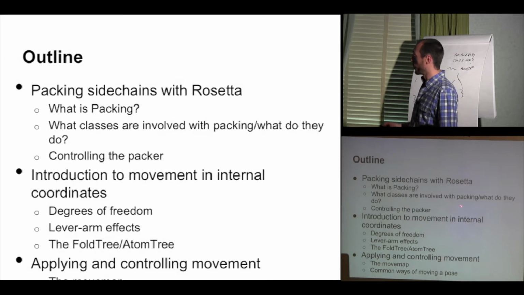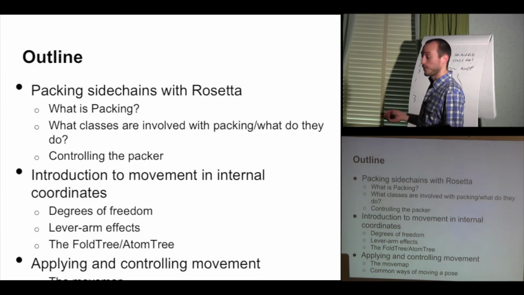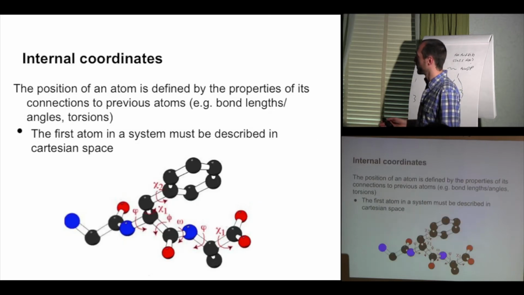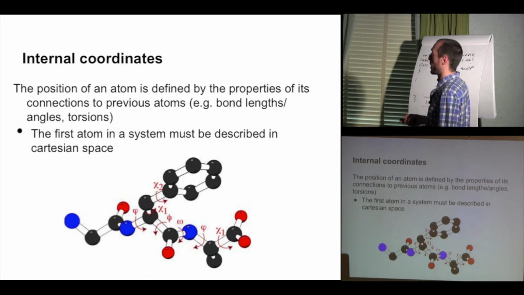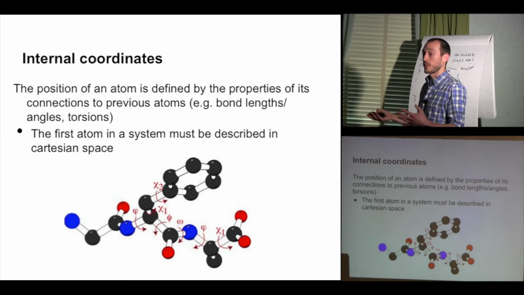Now we're going to move on to some more fun stuff. Internal coordinates, degrees of freedom, and the FoldTree and atom tree. A lot of you are familiar with what internal coordinates are. Basically, it's a way of defining the position of an atom based on the properties of its connections to the surrounding atoms. This is the way that we think of chemistry a lot of times.